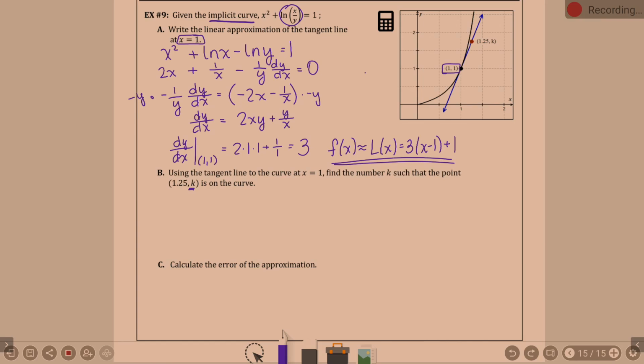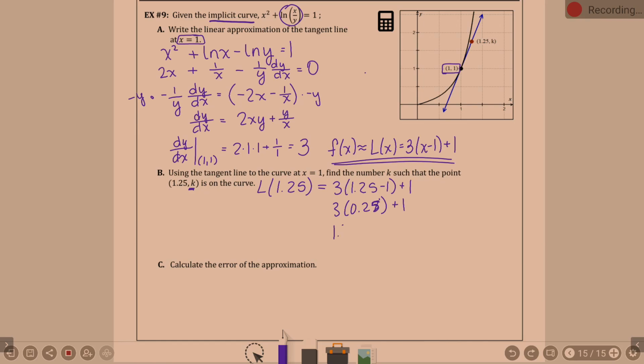So we're finding L of 1.25, because that's going to give us our k value. So 3 times 1.25 minus 1, plus 1. 3 times 0.25 would just be 3 fourths plus 1, so 7 fourths.